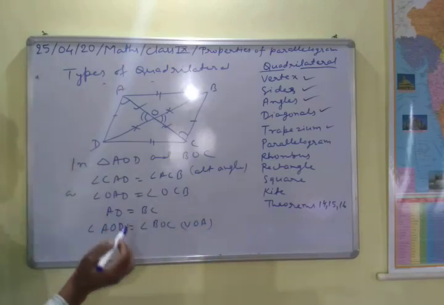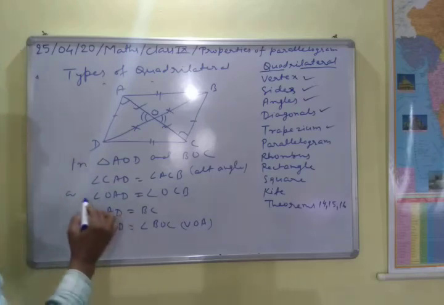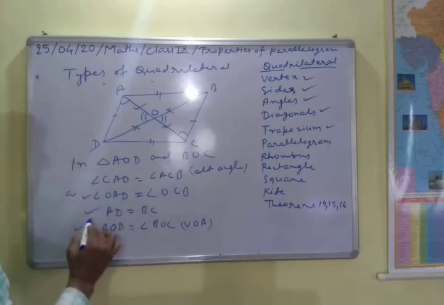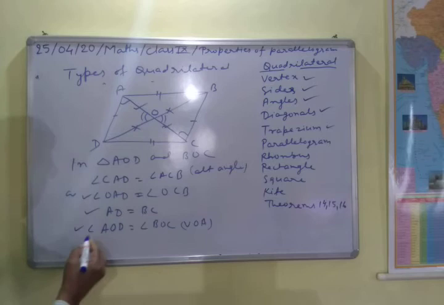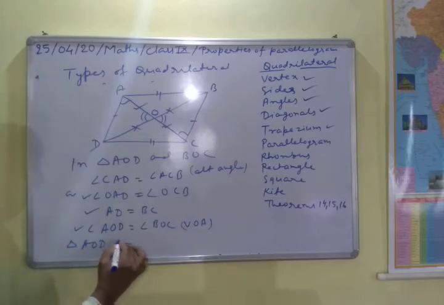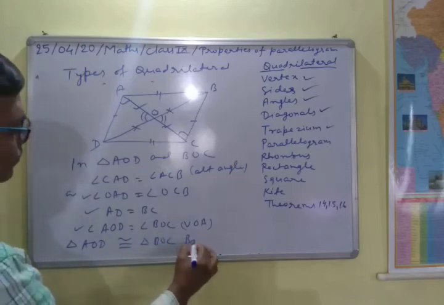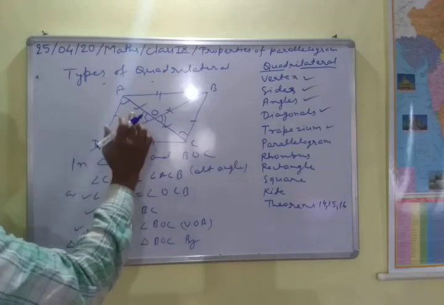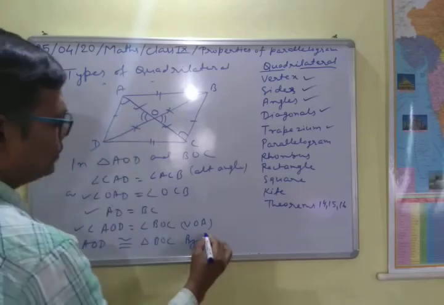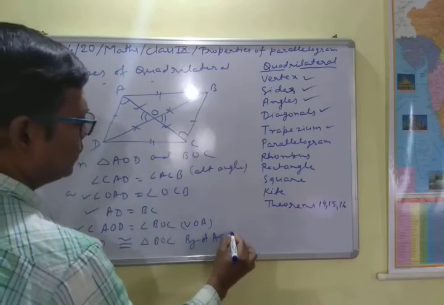So we have three conditions, that is this condition, this condition, and this condition. From these three conditions, triangle AOD is congruent to triangle BOC by the angle-side congruence condition.